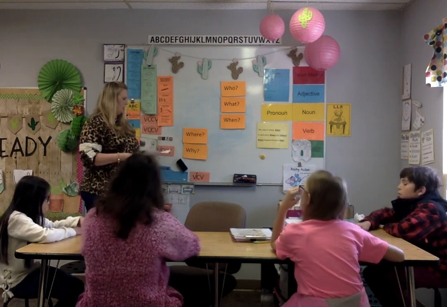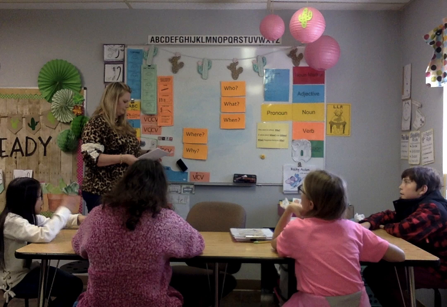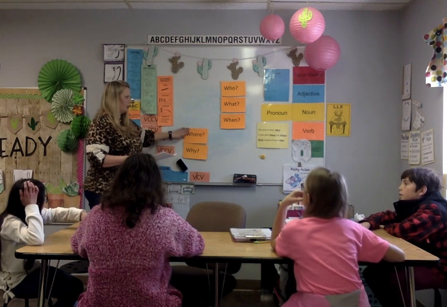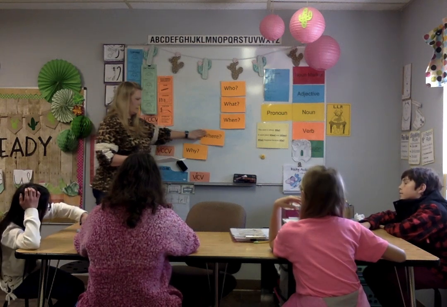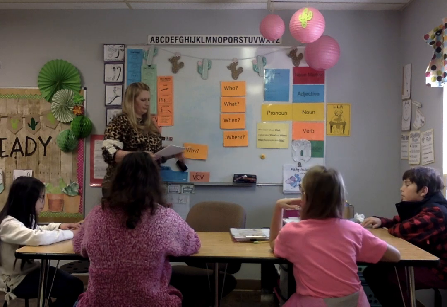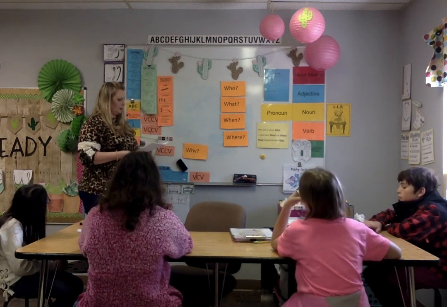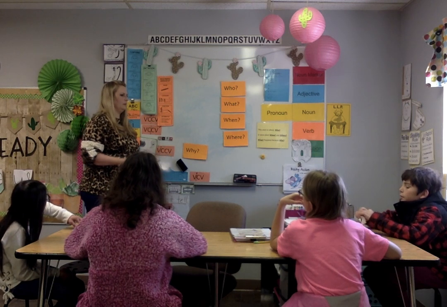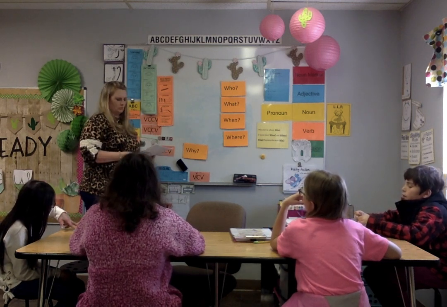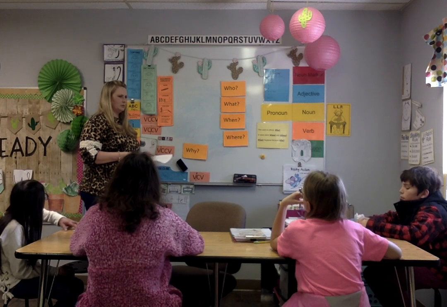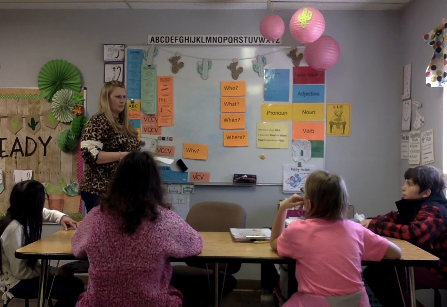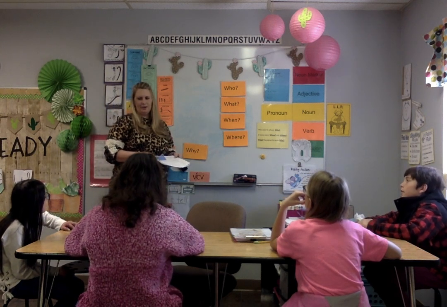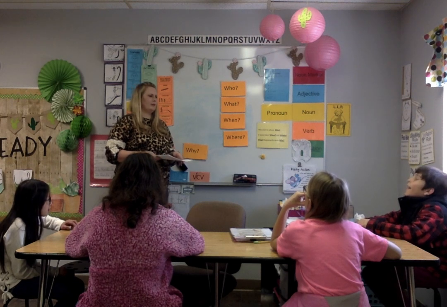Okay. Where? Where did this story take place? In the farmer's garden. Okay. And then why? Because he needs food for his family. He does. And why did the donkey eat the thorn bush? Because he was hungry. He was famished.